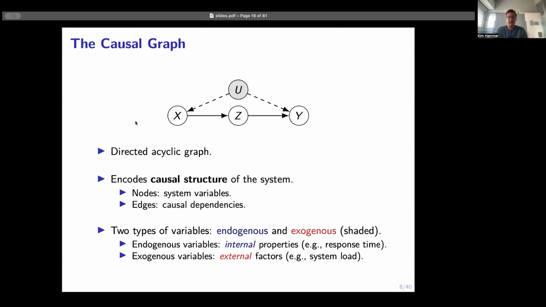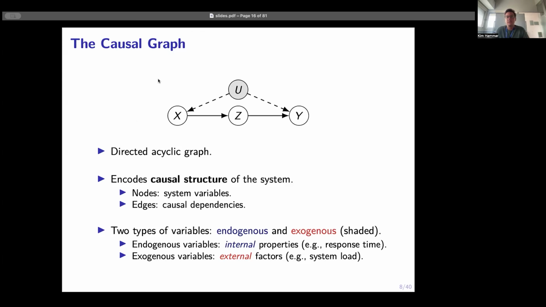We have exogenous variables that are shaded in the graph, and they represent external factors to the system. We choose not to model the causal dependencies of those variables. And then we have endogenous variables that represent internal system properties.